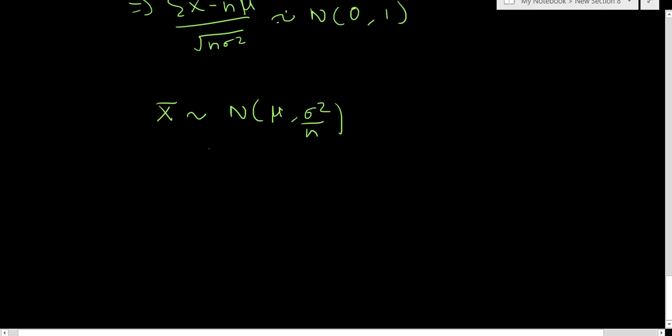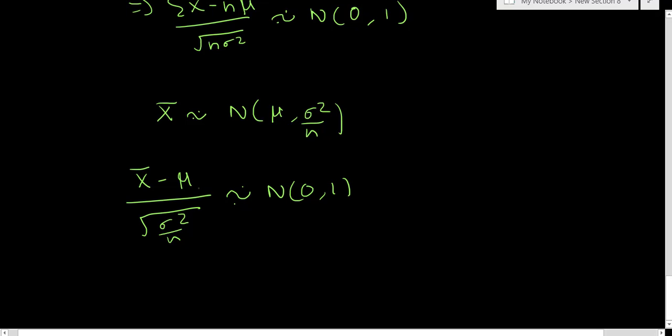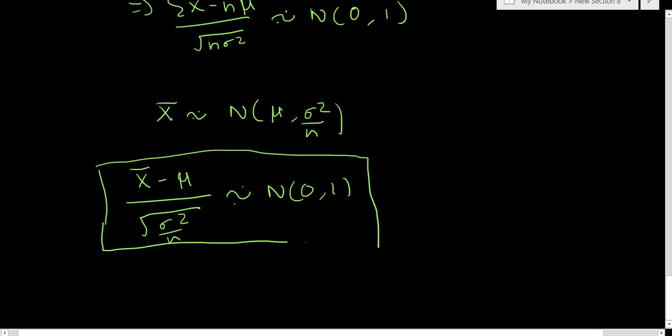So similarly again, x bar minus mu upon root over sigma square by n will again approximately follow a standard normal distribution, that is N(0,1). So that is how I use it, and then I take the z value and then I approximate the probabilities using standard normal distribution probabilities which are given in the actuarial tables.